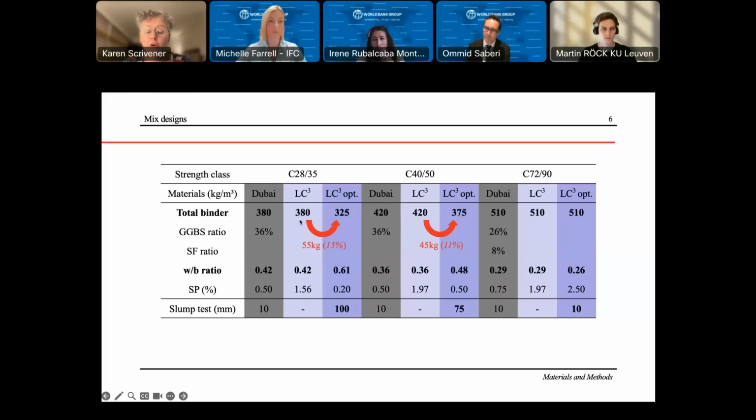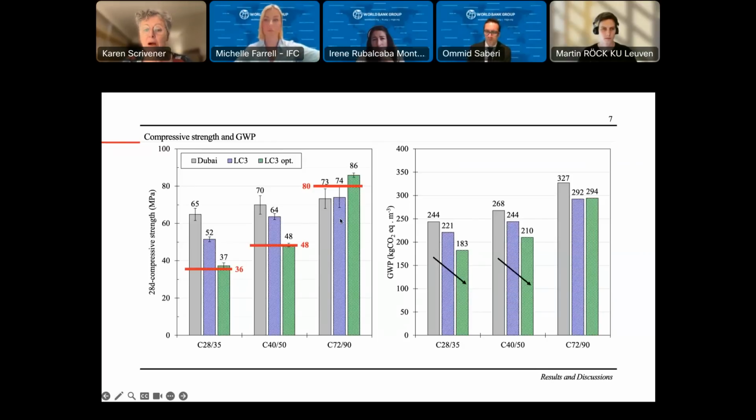And first of all, we replaced the binder by LC3, and then we optimized the binder. And what we can see here is, first of all, we managed to contain strengths which were much more in line with the specification. And that's important because you don't really want higher strength, because if you have higher strength than specified, then your reinforcement design can be wrong.